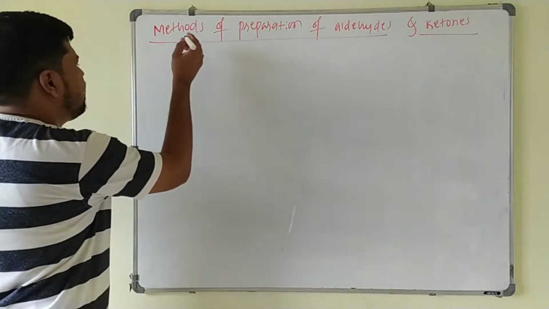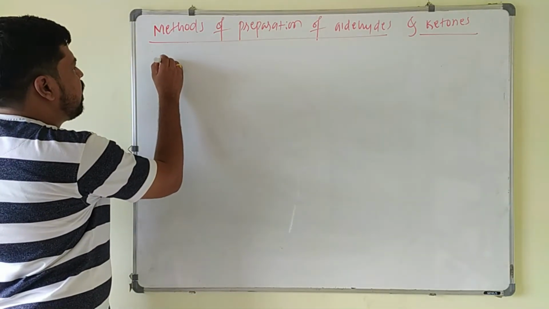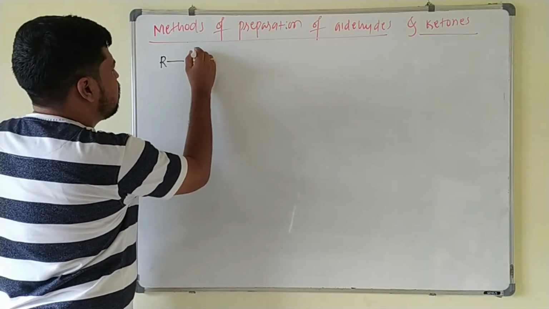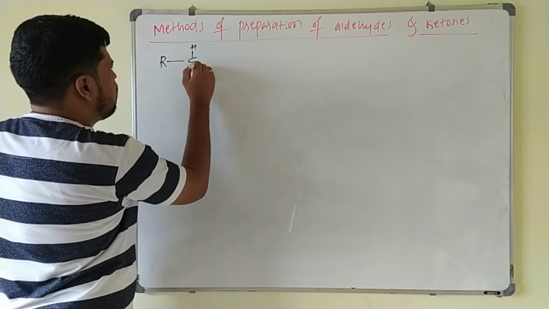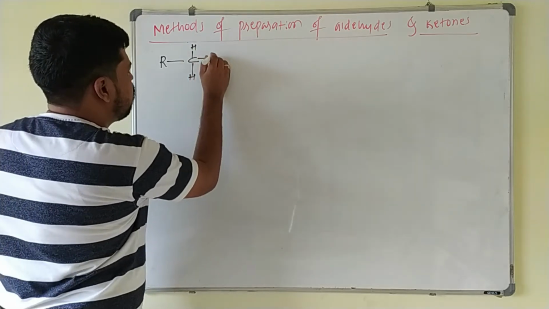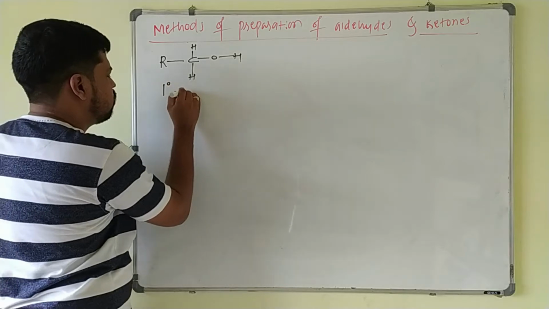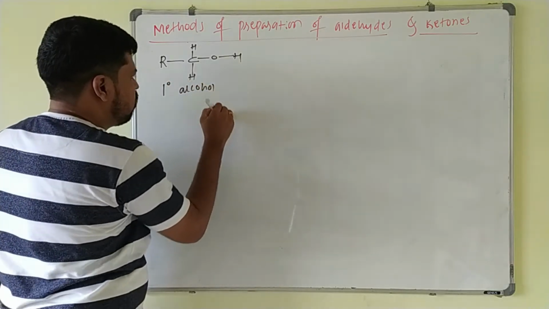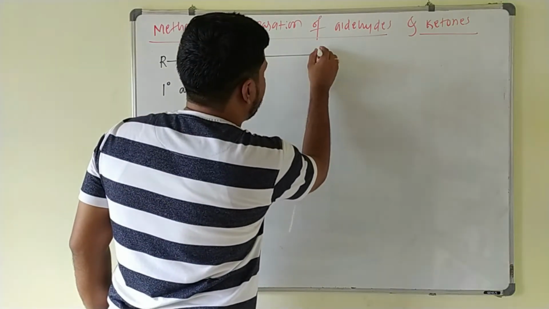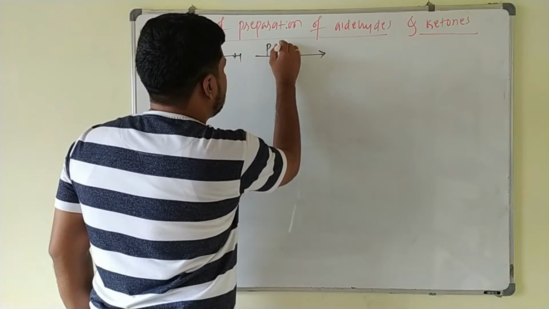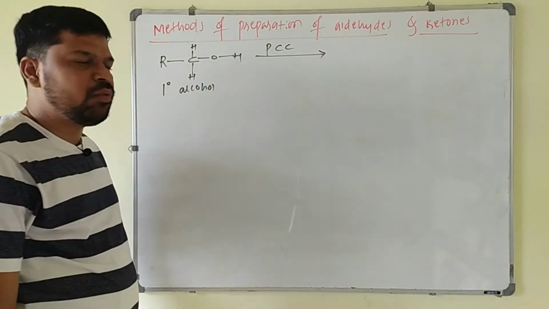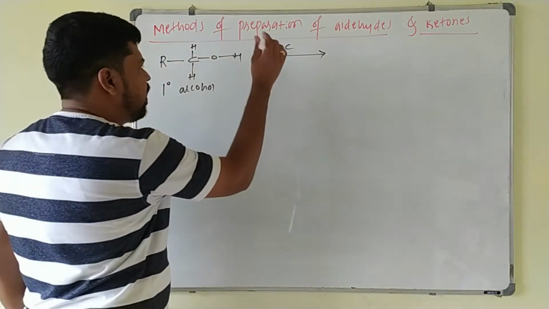anhydrous CrO3. For example, if I take a primary alcohol, RCH2OH, this primary alcohol on treating with PCC or PDC or CrO3, any one of the mild oxidizing agents, you have to write here.